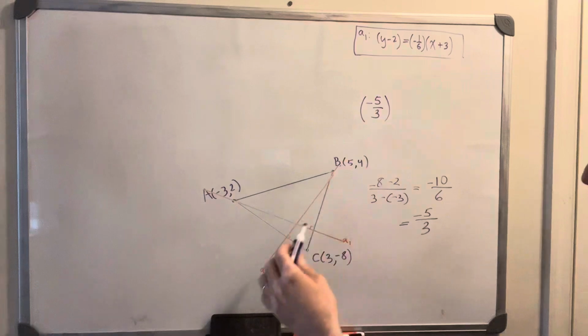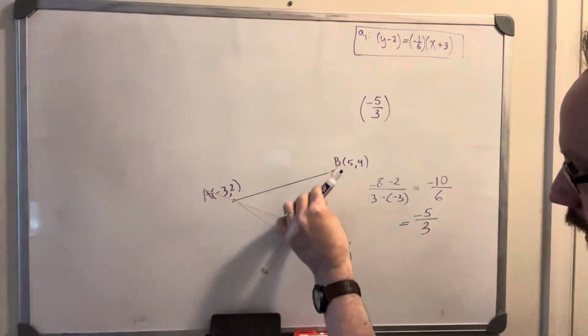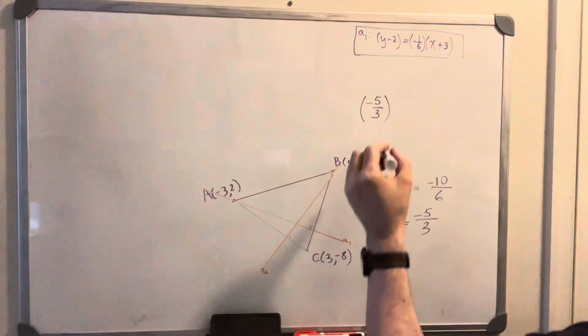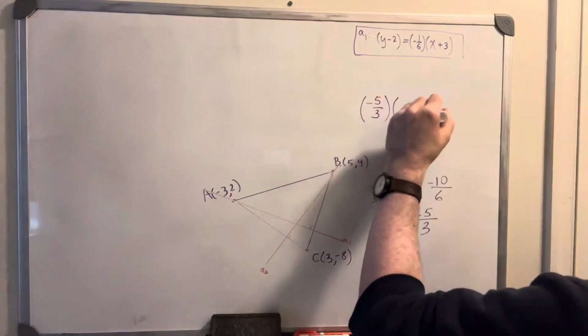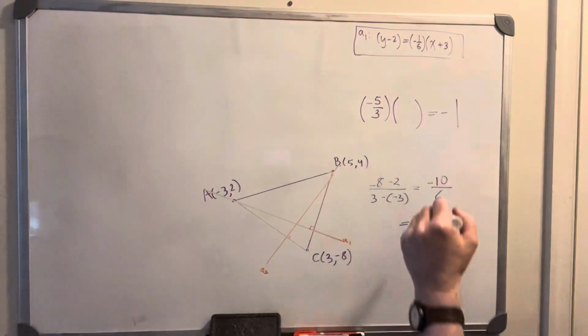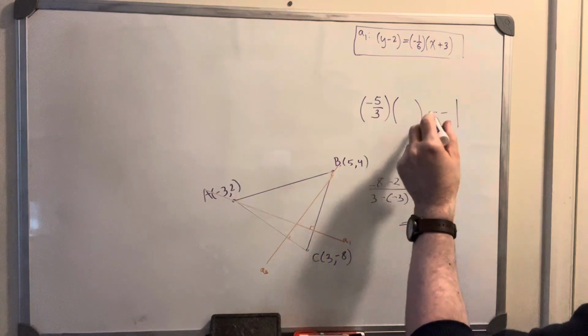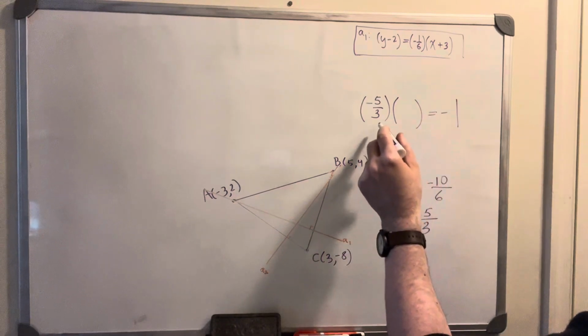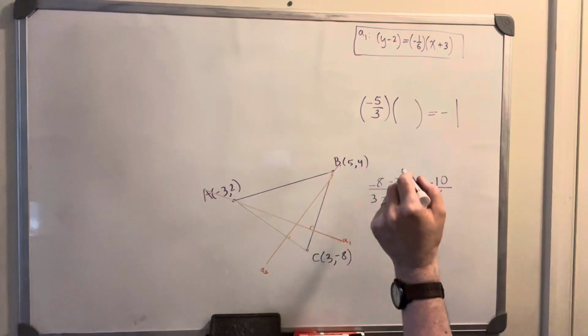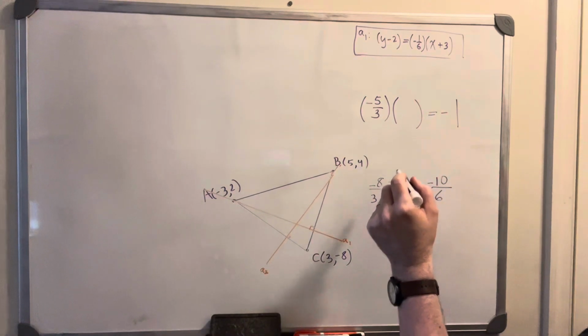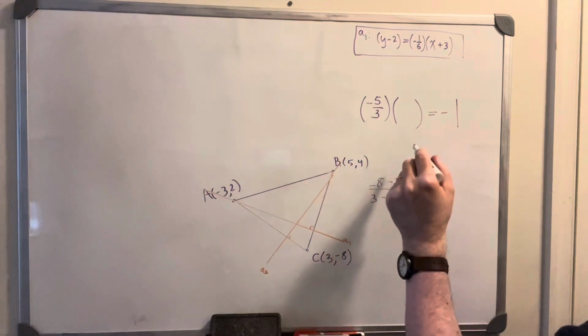Now we want to find the slope of the altitude line, which is perpendicular to that line. Negative 5/3 times what is negative 1? Because remember, the theorem is that the perpendicular lines slopes have a product of negative 1.